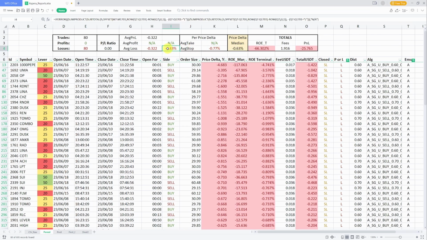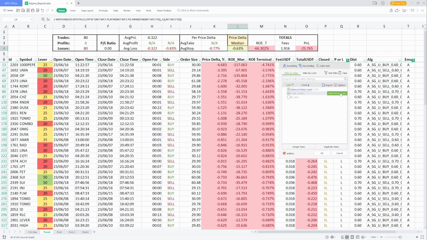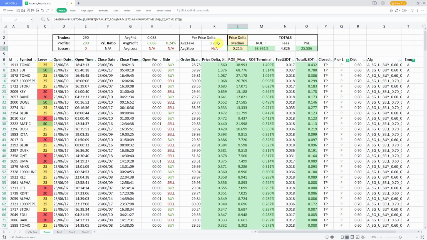So this is including the fees, this is without the fees, but on the average basis, and this is on the median basis. So half of the losses were greater than that and half of the losses were smaller than that. And that made me think, you see, if we go for profit, it's pretty much what you would expect with a take of 0.25. Here I have 0.24, 0.28.